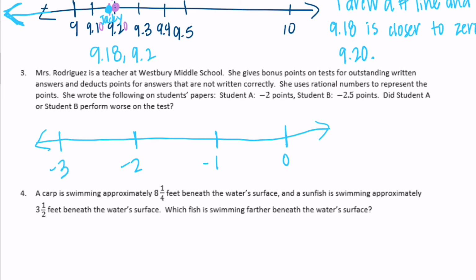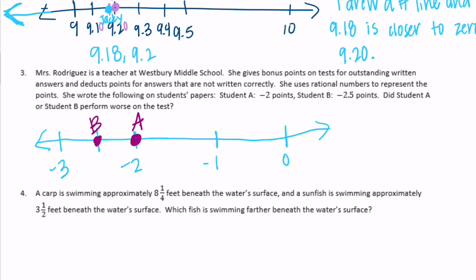So student A had -2 points, so this is student A. Student B had -2 and 5/10 points. So -2 and 5/10 would be right in the middle of -2 and -3. So that's student B.